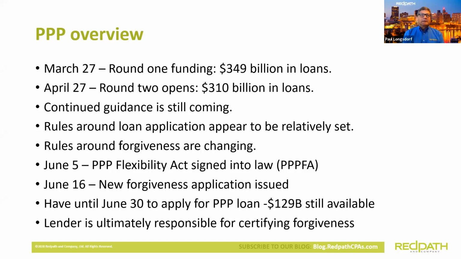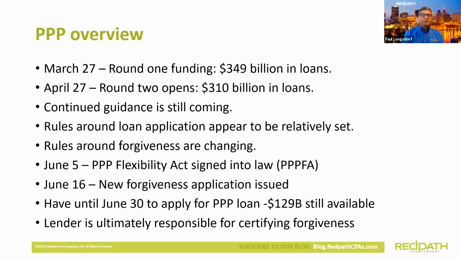Guidance has continued to come out, as Brian alluded. Obviously, we've had a flurry here in the last few days, which is really what we're going to focus on here today. The rules on the loan application itself are really set, obviously, because most of the funds have already been lent. The rules around forgiveness do continue to change, as we've seen quite a few changes in the last week or so.